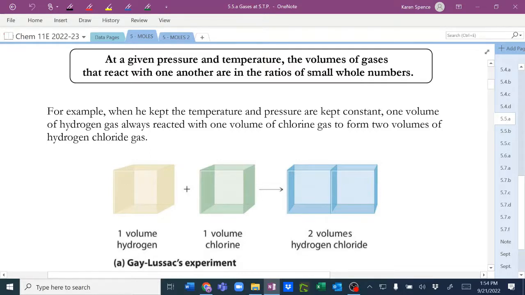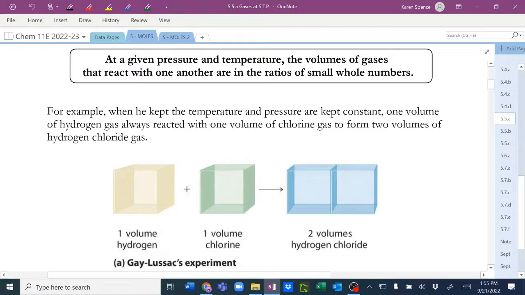You can have leftovers, but if you have hydrogen and you react it completely with chlorine, so there's no leftover hydrogen and no leftover chlorine, they will react in a 1-to-1 fashion. Does that make sense? So as long as we're not talking about having leftovers, they always react in simple whole numbers. So 1 volume of hydrogen and 1 volume of chlorine gives us 2 volumes of hydrogen chloride.